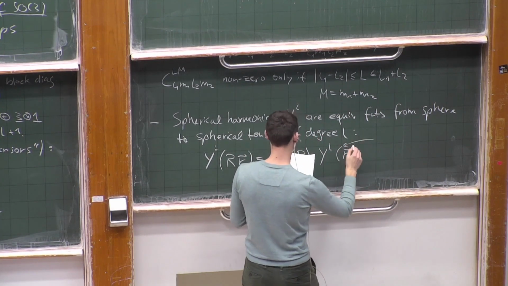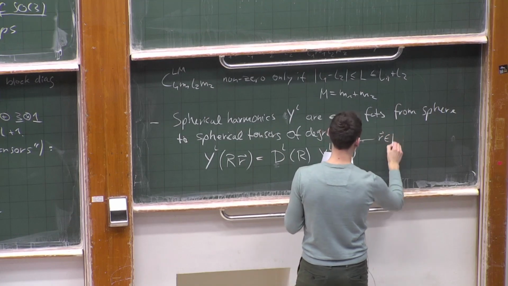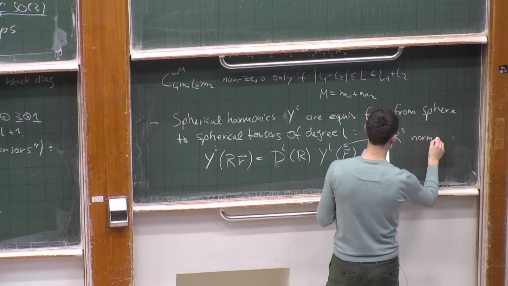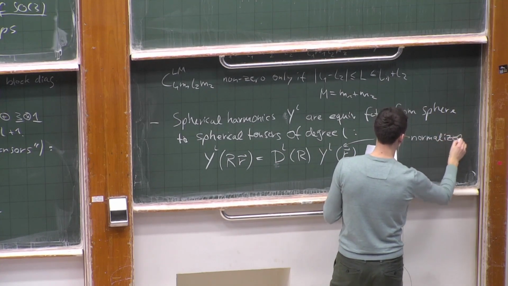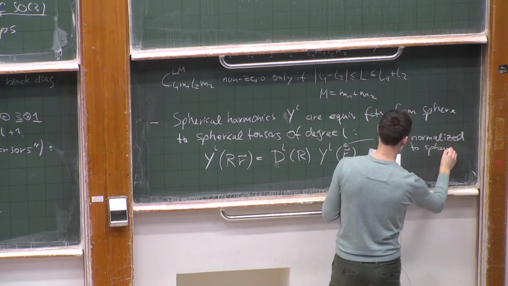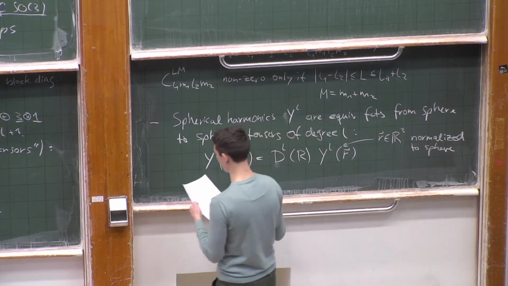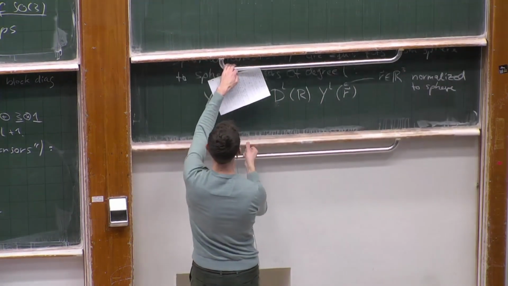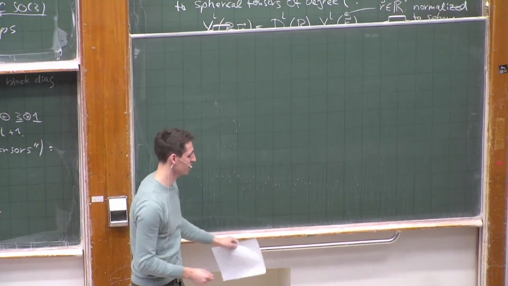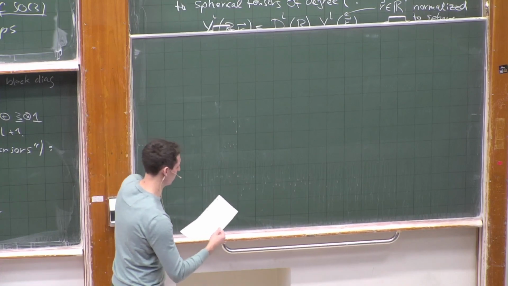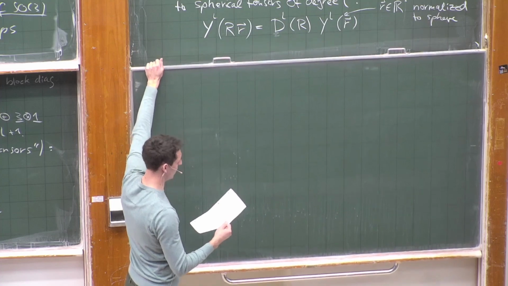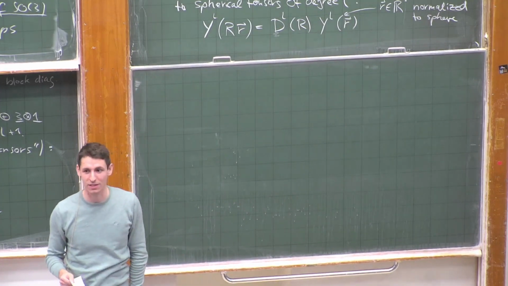So this here would be an element in three-dimensional space, which indicates the direction by being normalized to the sphere. Okay, now with this, we have all the ingredients that we need to build equivariant layers, but do you have any questions at that point?